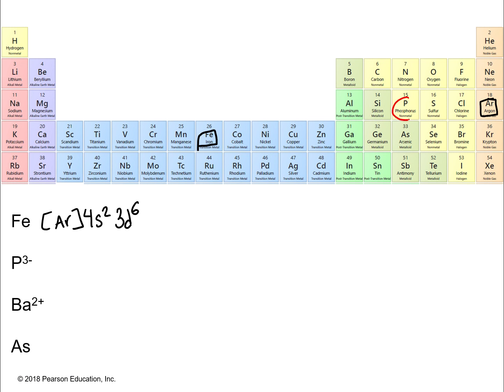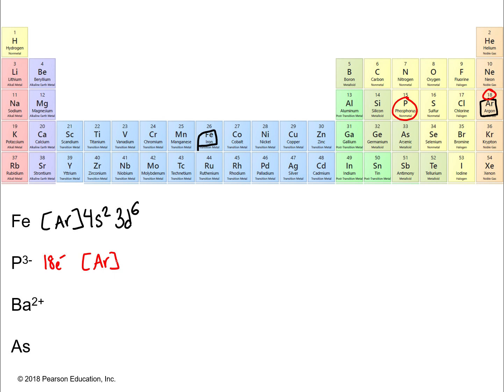So we're looking at phosphorus, which typically has 15 electrons, but we've added on 3 more. That means that it has 18 electrons. The noble gas that has 18 electrons here is argon.